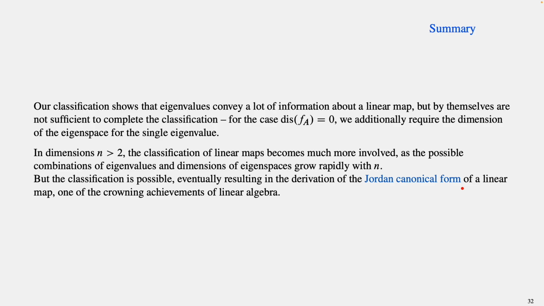I would say this is one of the crowning achievements of linear algebra, because it gives you a really beautiful, even though somewhat difficult, theory of linear maps, at least over complex vector spaces, and also over real vector spaces. This is certainly a goal one should aspire to understand someday when studying linear algebra.